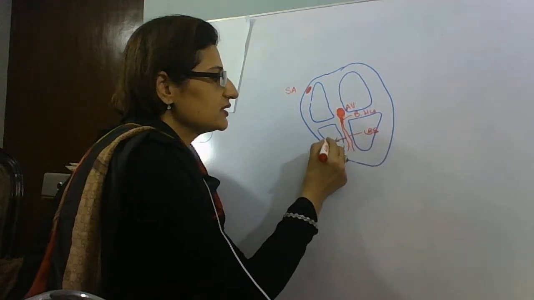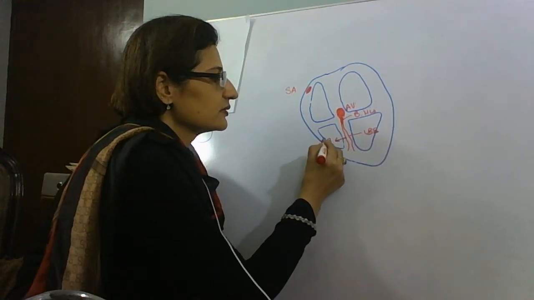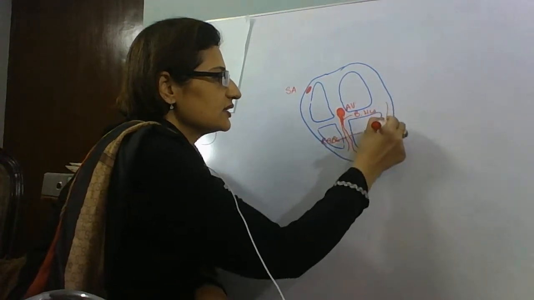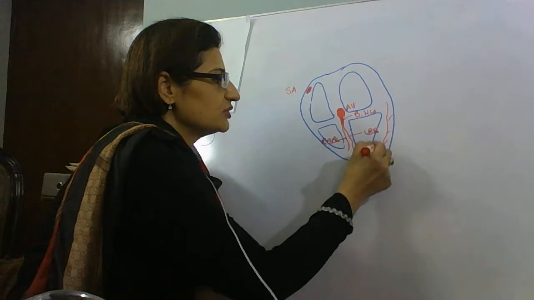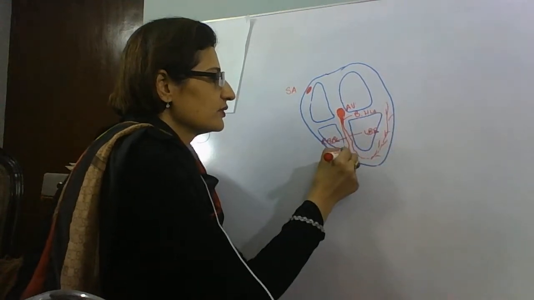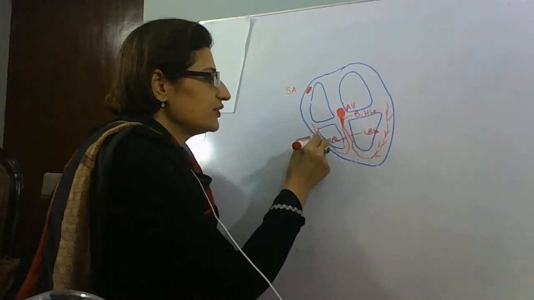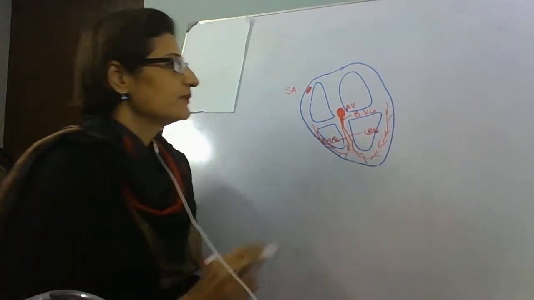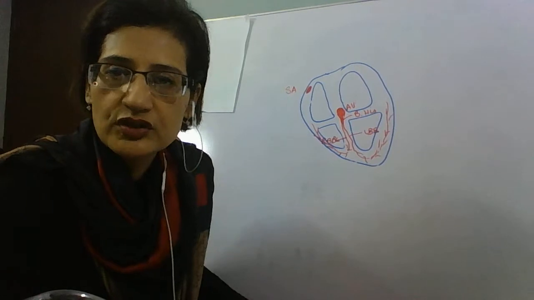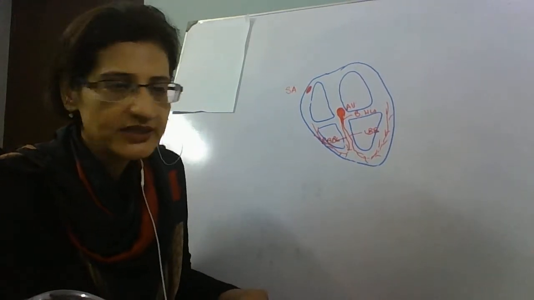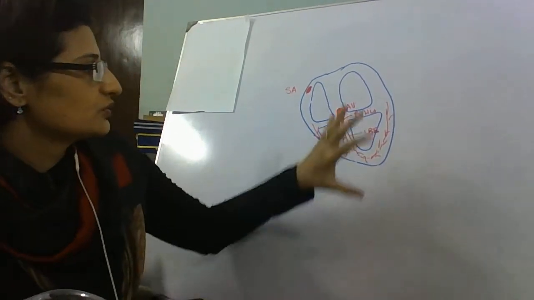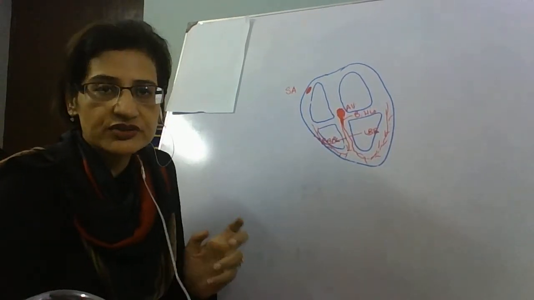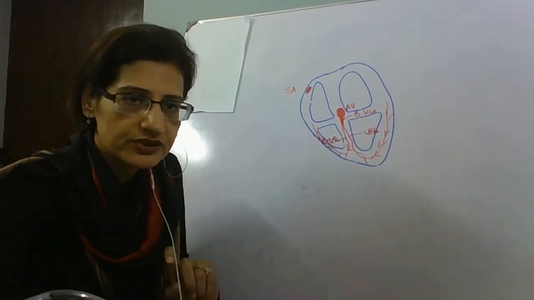This is the right bundle branch, and these are the Purkinje fibers which get diffused into the walls of the ventricles to conduct the ventricular impulses, right? So generally with this diagram we'll proceed further. I hope this is pretty clear.